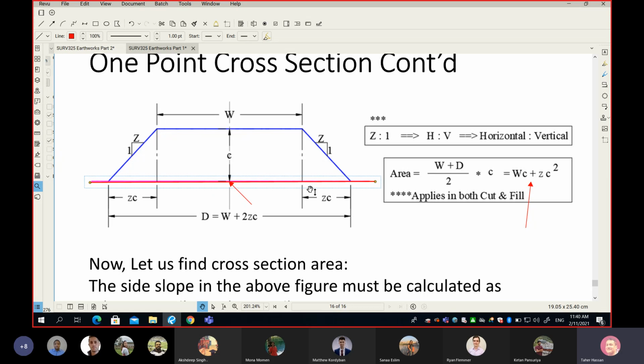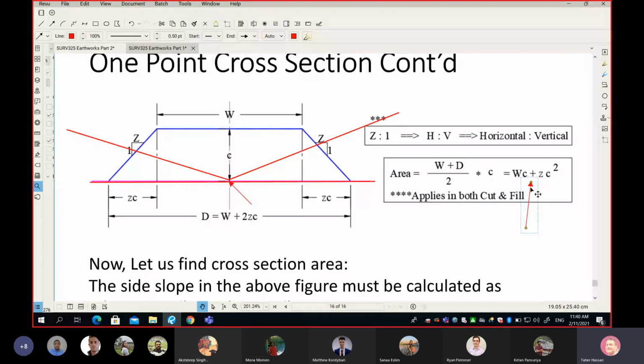But what if in reality my ground on the cross section goes this way, and let's say my ground goes this way? So my ground is not really constant. My center line elevation is not really the same across my cross section. Now I'm asking you, do you think this equation will still be valid?